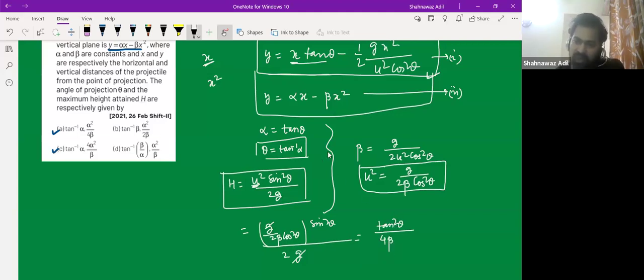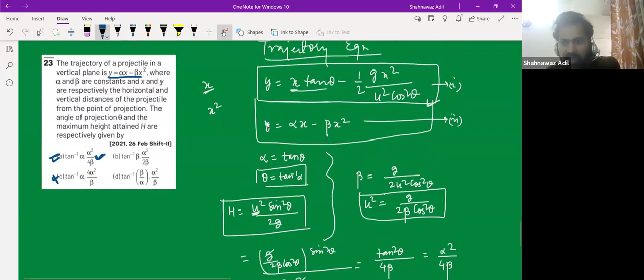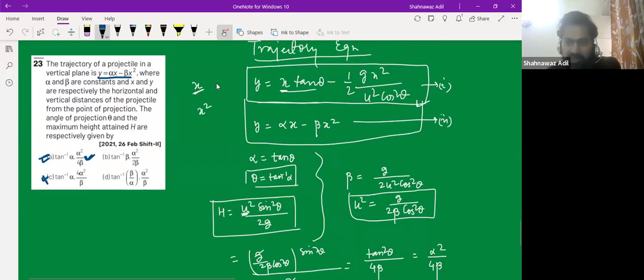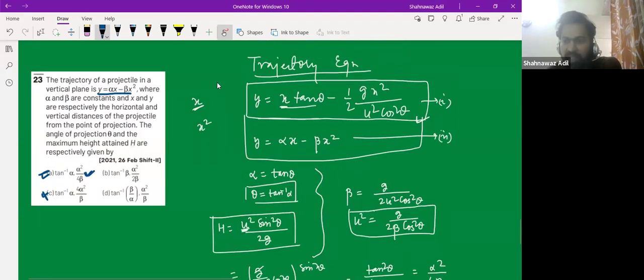We already know that tan theta is alpha, so tan square theta would be alpha square, and this is 4 beta. So now we have the answer: alpha square by 4 beta. This is the correct option. Is it clear to you? We just need to remember this equation of trajectory, and if we remember it, the answer will be clear.